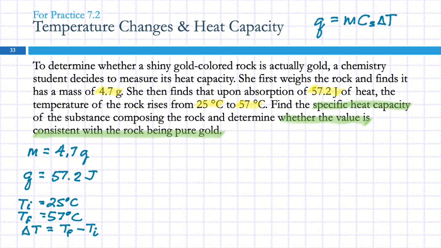We're relying on words and context, right? Temperature goes from 25 to 57. So if we calculate delta T, it's 32 degrees Celsius.